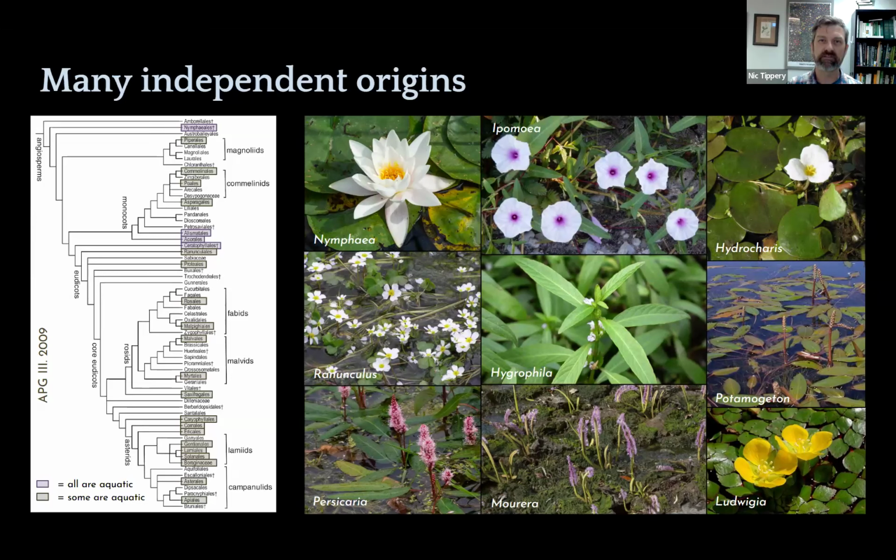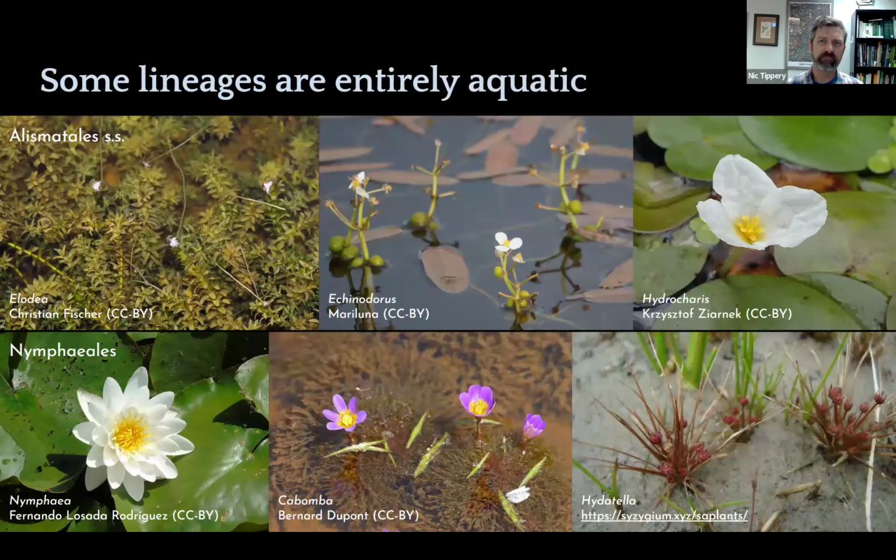Lots of independent origins, clear convergent evolution, and advantage to getting into the aquatic habitat for various reasons. Also, there's a really wide range of adaptive strategies, adaptive histories, and sort of a spectrum of whether we have these groups that are largely aquatic or entirely aquatic, and then other ones that are only partially aquatic.